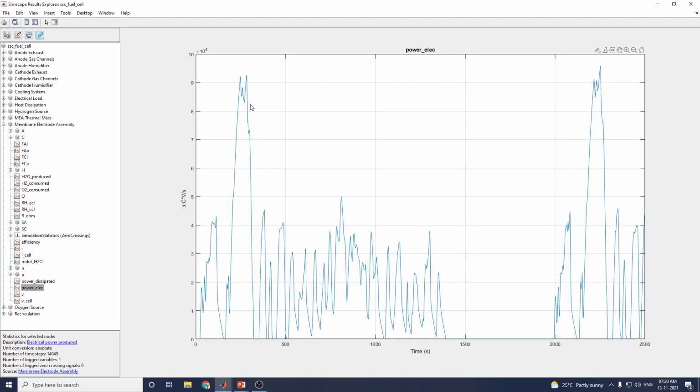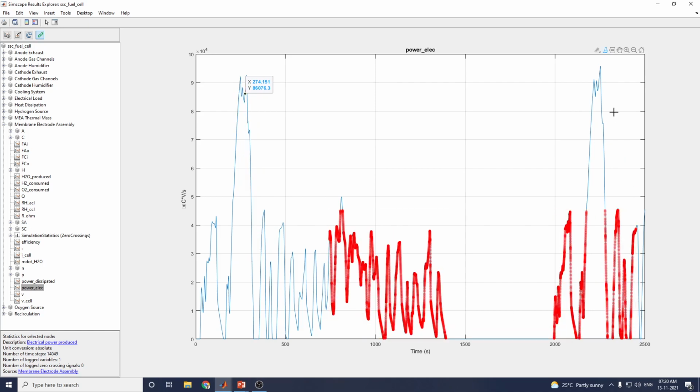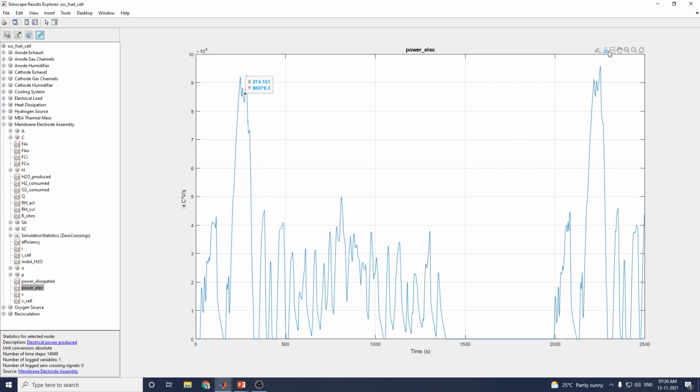Here also you can set an interactive plot. Here you can brush this data, and data tips are also available. A lot of tools are there. Here itself you can insert X label and Y label.